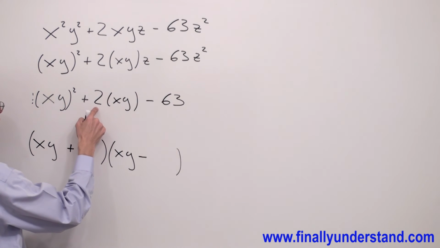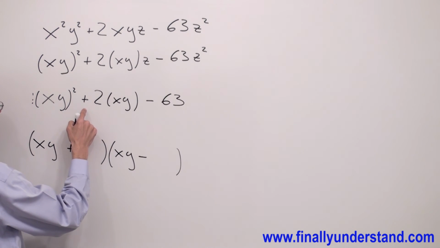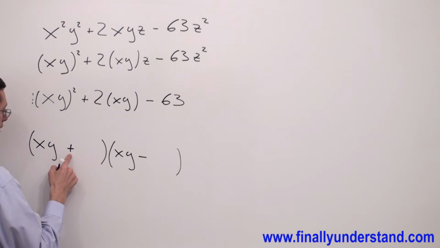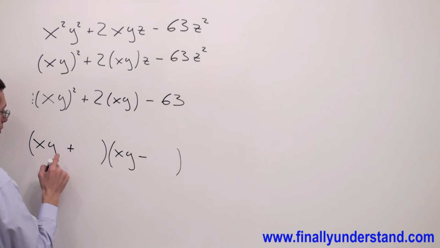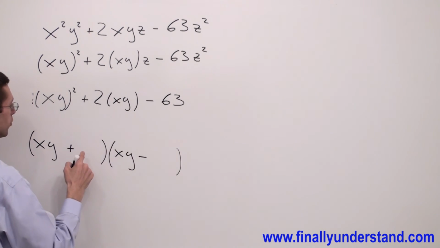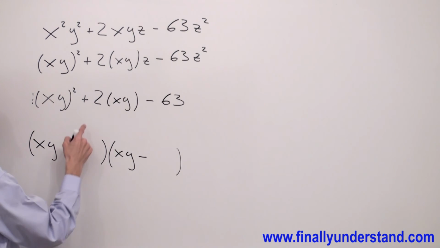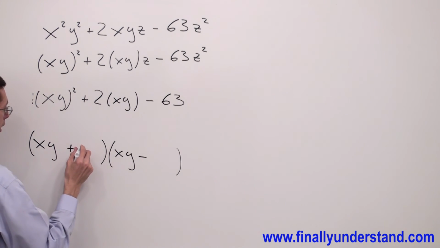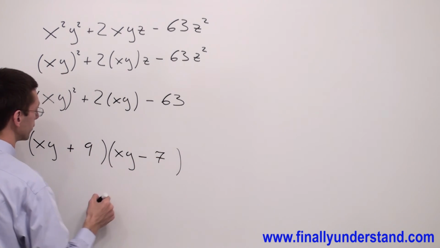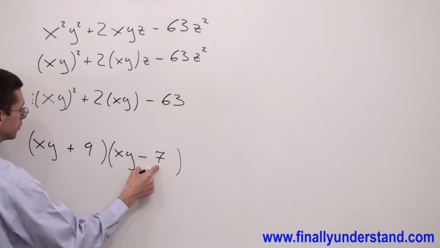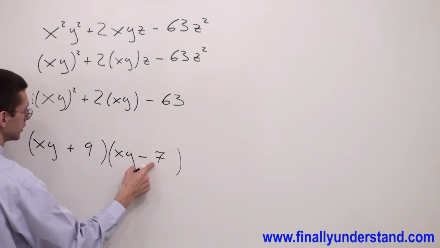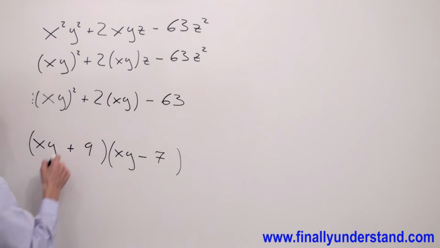Positive sign next to the second term is telling me that the bigger number is going to be placed next to the positive sign. What numbers multiplied together are going to give me negative 63, and the same numbers added together are going to give me 2? They are 9 and 7. 9 times negative 7 is negative 63. 9 plus negative 7 is equal to 2.